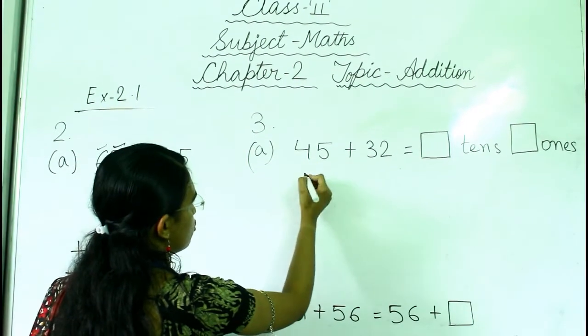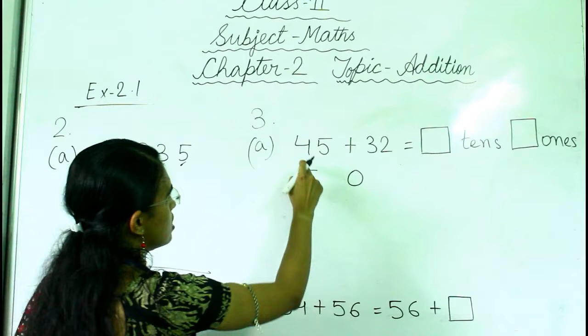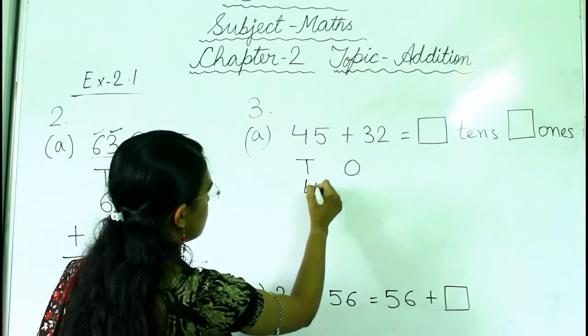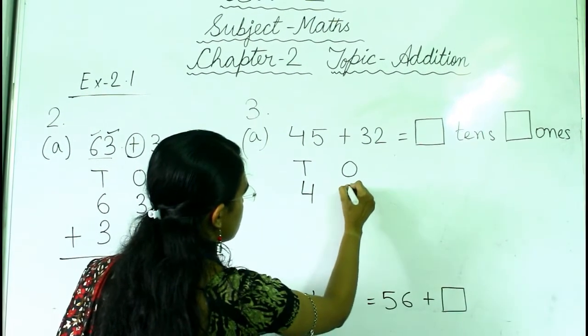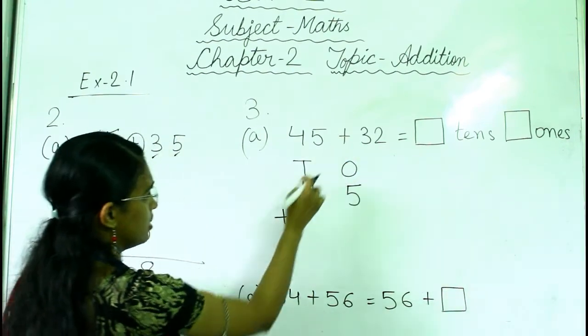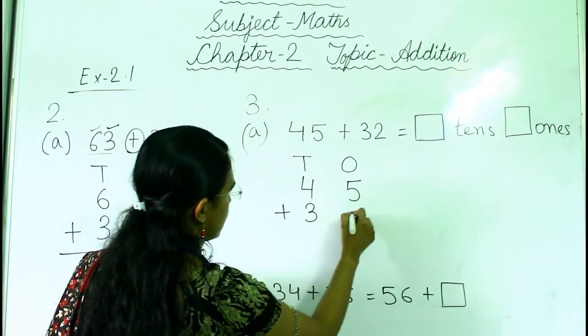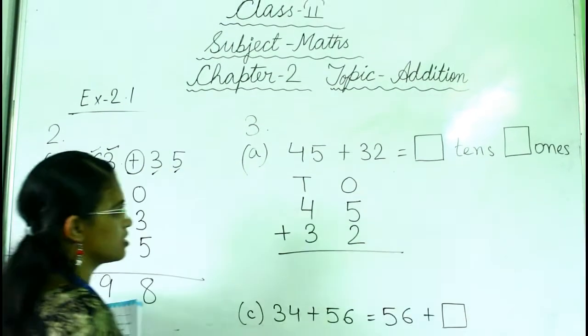So first you have to write T, then O, that is tens and ones. Then you have to put the addends in tens and ones place according to their position. Then put the plus sign, then put the second number like this.